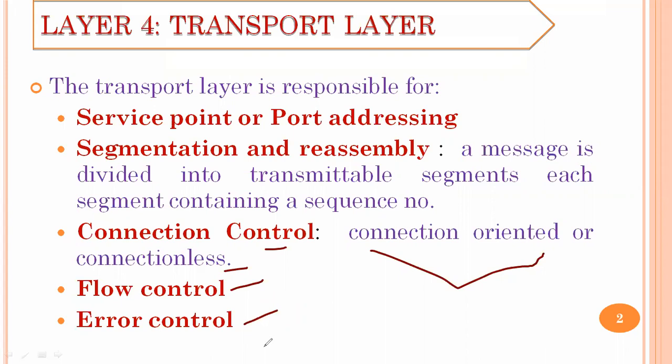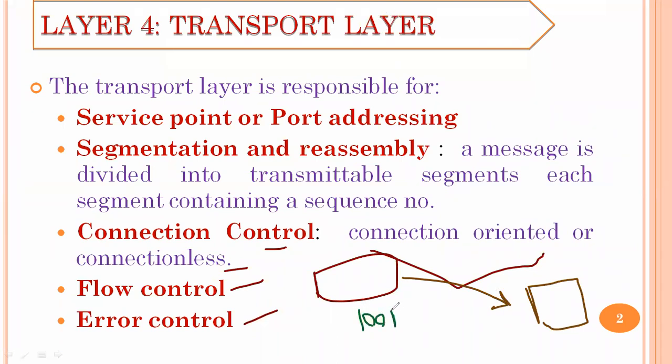Basically, flow control is, suppose this is the sender, and it is transmitting the data to the receiver like this. Now the sender is transmitting the data at 100 Mbps, but the receiver is receiving at 10 Mbps. That means there is a traffic jam in this medium.